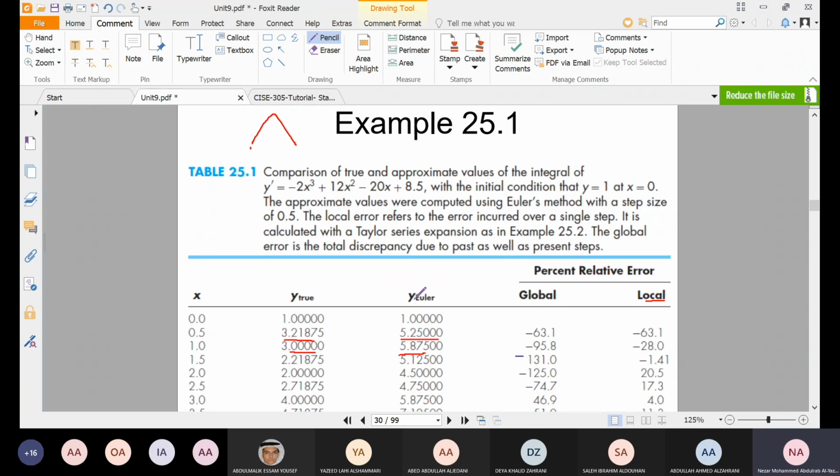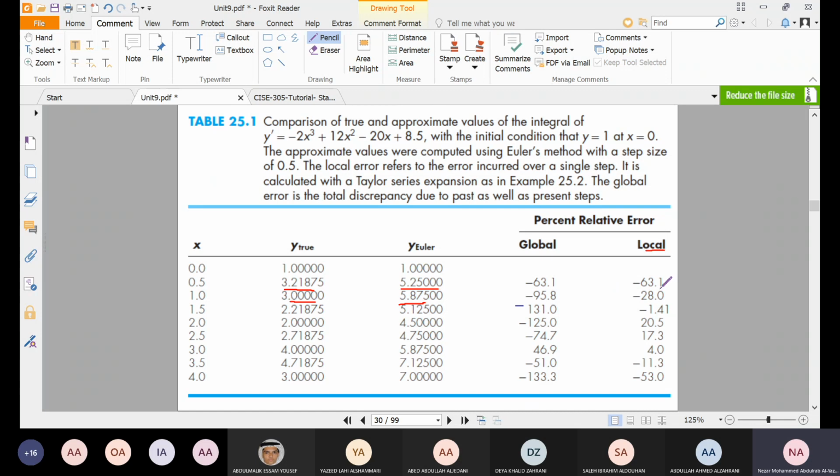If you return to the table, you can see at the first step the error is minus 63 here, and minus 63 here. We have almost half of the values here, because the error is reduced by half, of order h square. You can see it decreases, but it also increases based on the function.